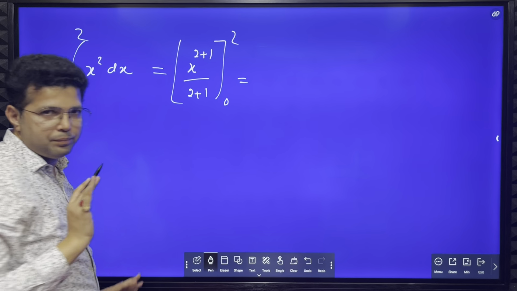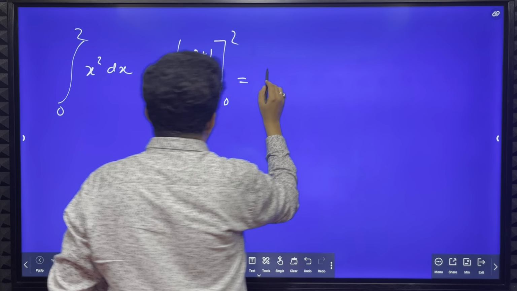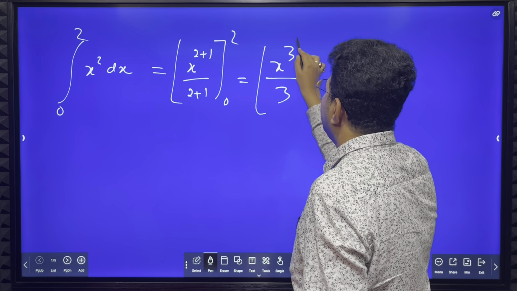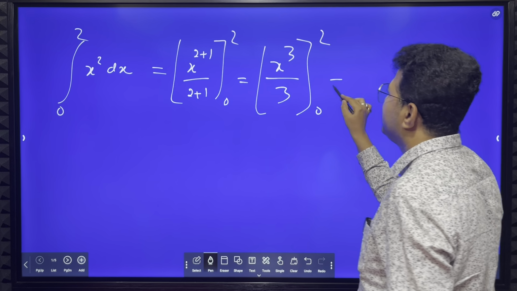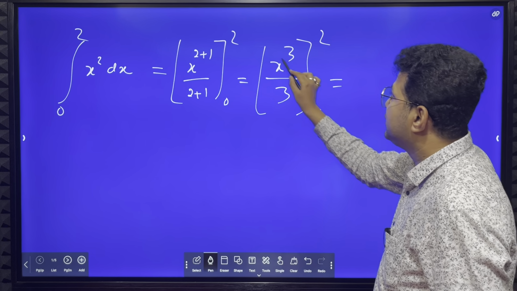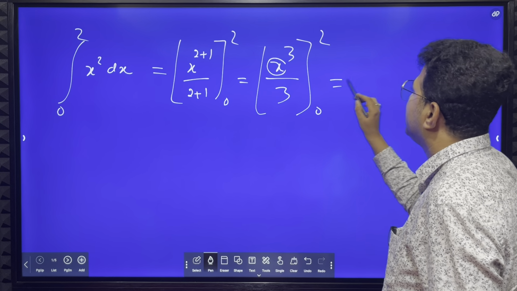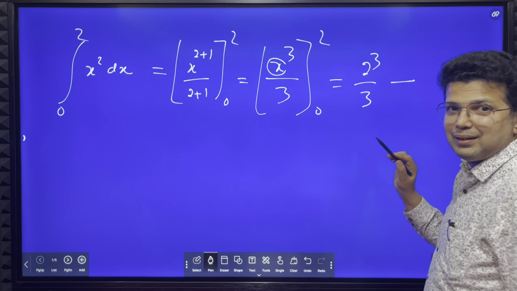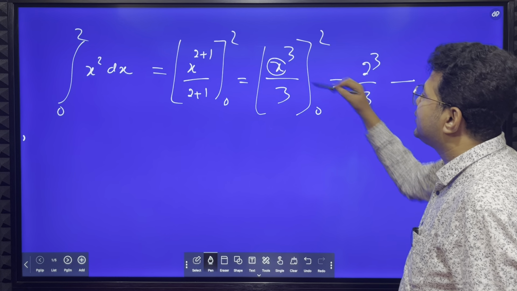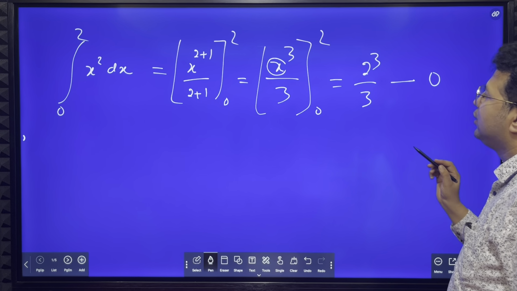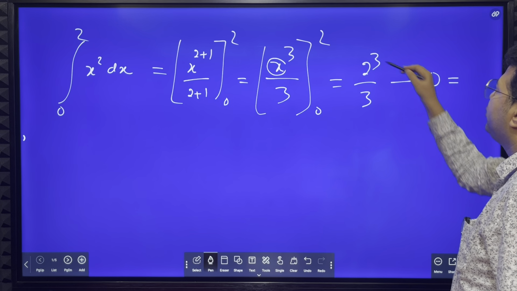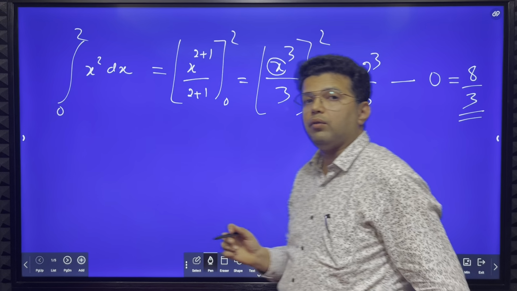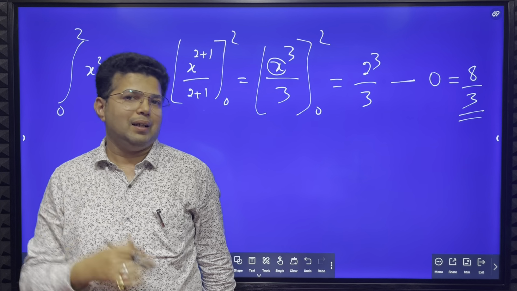Simple? That is equal to x cube divided by 3 between the limits 0 and 2. Now, in the place of x, first you put the upper limit, 2 cube by 3. Then you put a minus symbol. Then in the place of x you put 0, which gives 0. 2 cube is 8, so the answer is 8 divided by 3. This is how you use definite integrations.